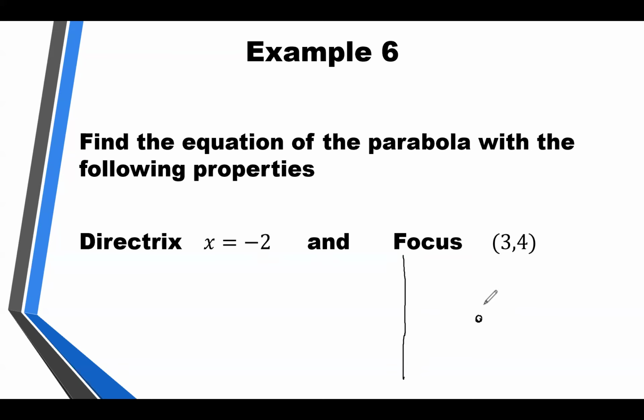So my focus is going to be here. My directrix is going to be a vertical line, x equals -2 over here. That means my parabola is going to be pointing to the right.